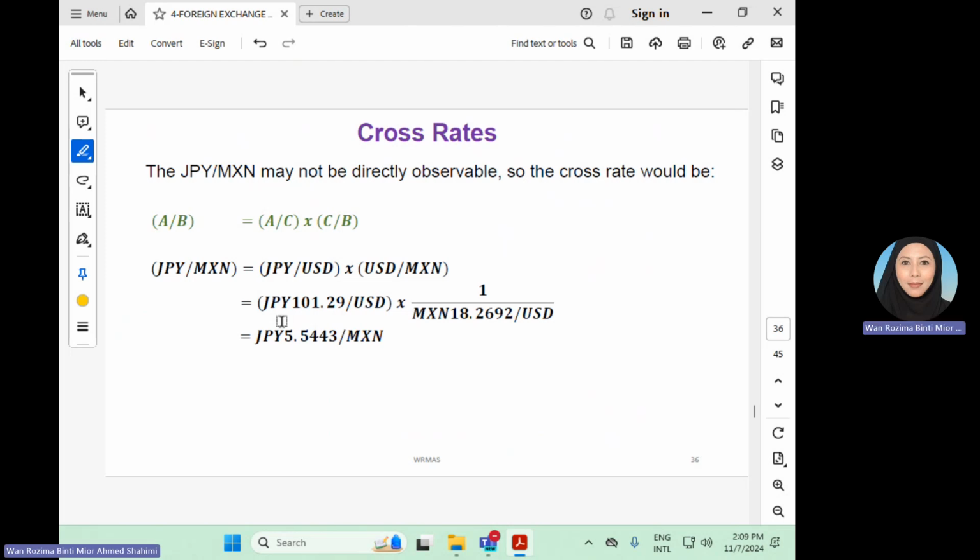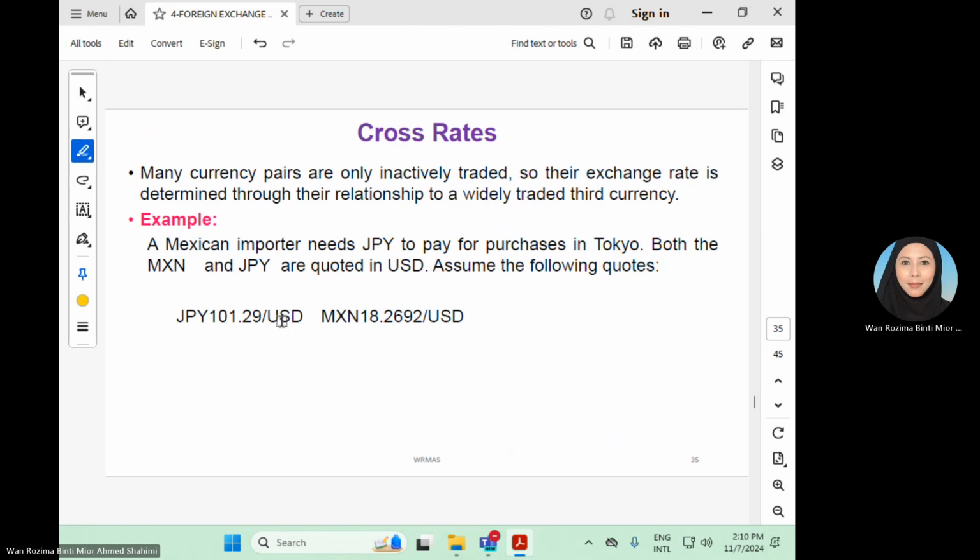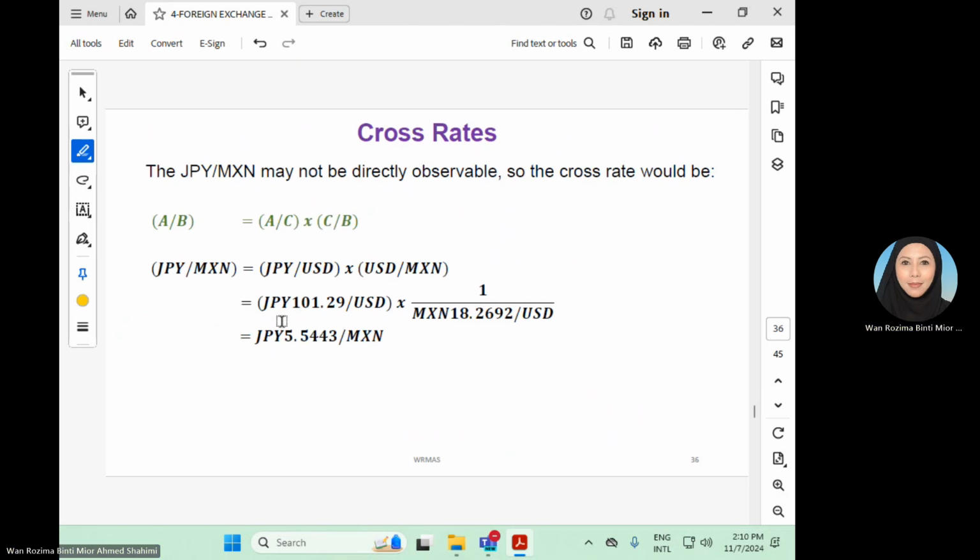First, Japanese yen against USD. Japanese yen against USD, same sequence. No need to change everything, take it as it is. So you take 101.129. The formula wants USD against Mexican peso.